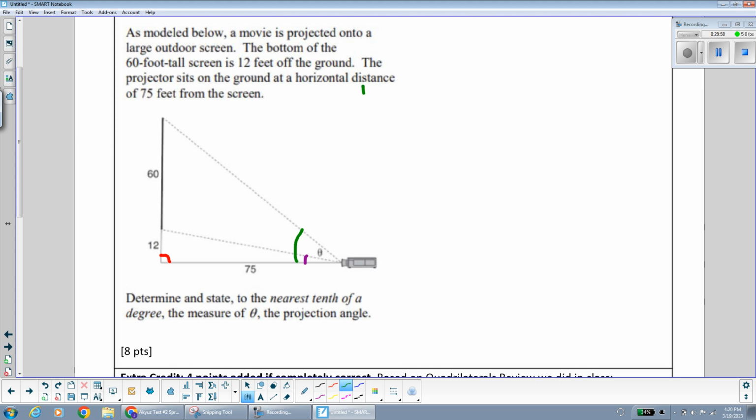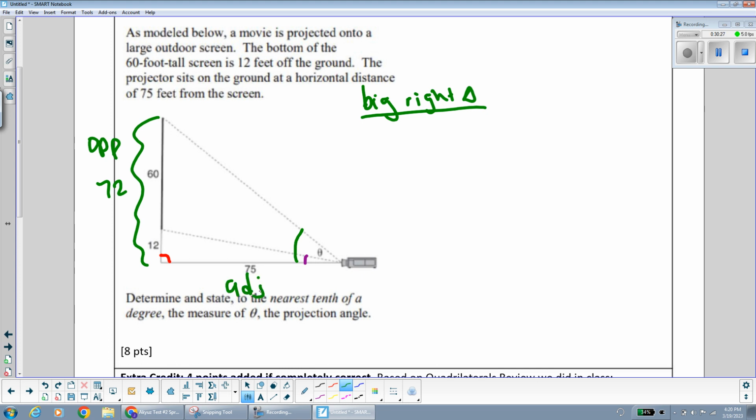I'm going to start with the big right triangle. And I'm specifying right triangle because it is a right triangle. So I have this whole side, big right triangle, 72. And from the angle that I'm looking for, that would be opposite. And I also have the 75, that's the side of the big right triangle. And from the angle that I'm trying to find, this would be adjacent.